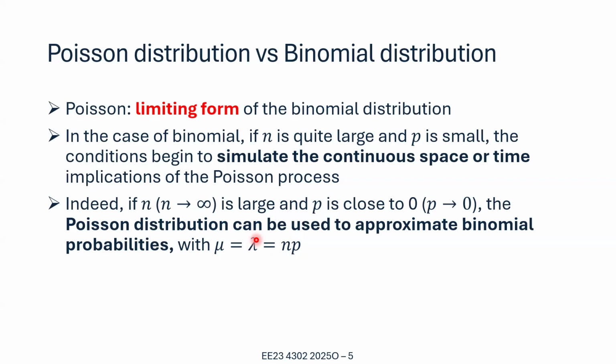So mu, which is the mean in general, is equal to lambda, the mean of the Poisson distribution, and np is the mean of the binomial distribution.